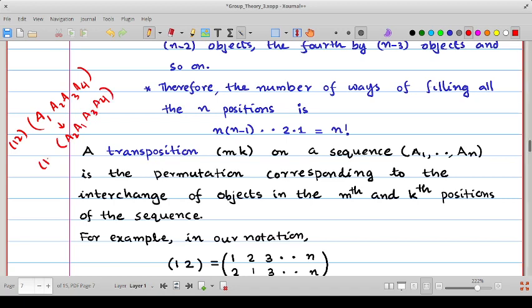Now applying another transposition (1, 3) on this, it will interchange the objects in positions 1 and 3. So in position 1 we have a2 and in position 3 we have a3. So the result of this would be a3, a1, a2, a4. So this is how a transposition is defined.